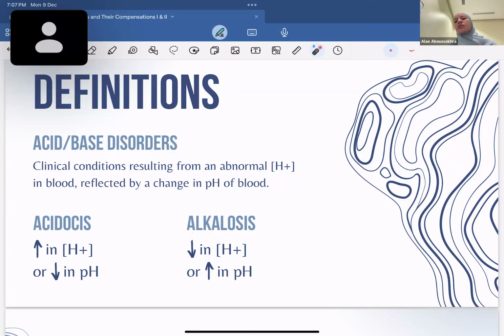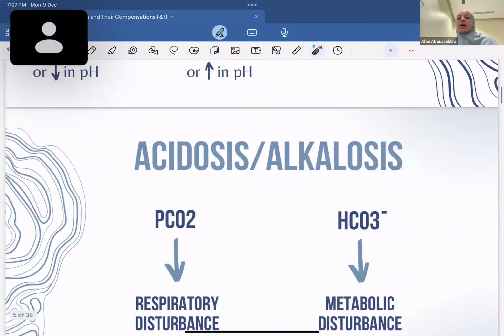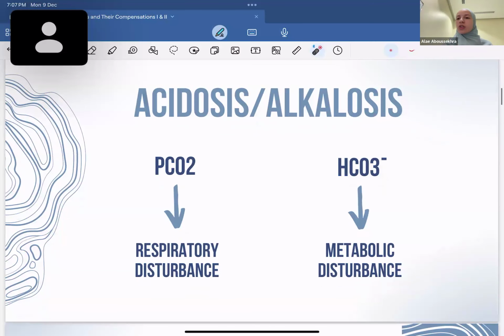In alkalosis, you have a decrease in the hydrogen ion concentration, which is an increase in pH. Acidosis and alkalosis can happen by two mechanisms, either respiratory or metabolic.